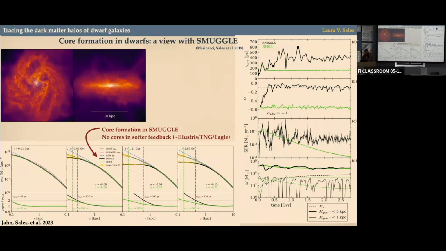Yeah, so I know people working on FIRE have looked at this, and what they see is that if your galaxy stops forming stars, then the cusp regrows. So you need the constant injection of energy in order to preserve the core that you formed. And in that way, there would be a prediction that your more star-forming dwarfs should be cored, whereas the other ones should be a bit more cuspy.